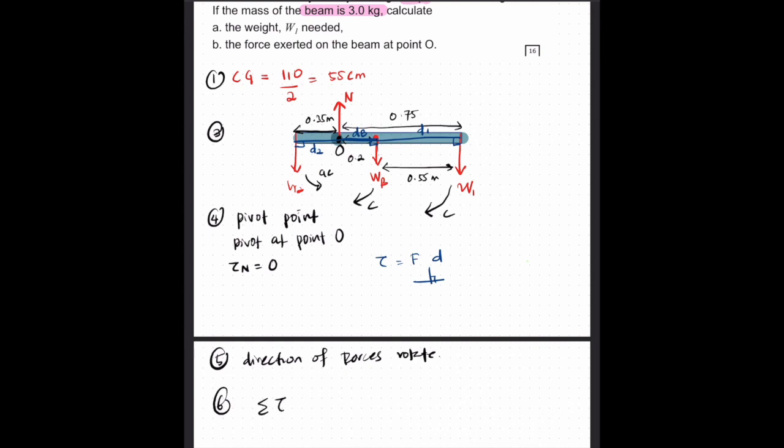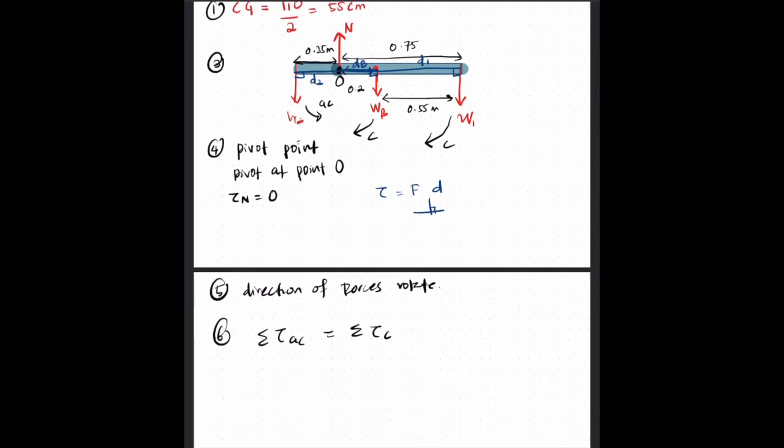Using total torque anti-clockwise equal to total torque clockwise, rearrange the equation. We have here torque 2, which is anti-clockwise. Just rearrange. No need to find the positive or negative anymore, because total torque AC equal to total torque C comes from total torque equal to 0.